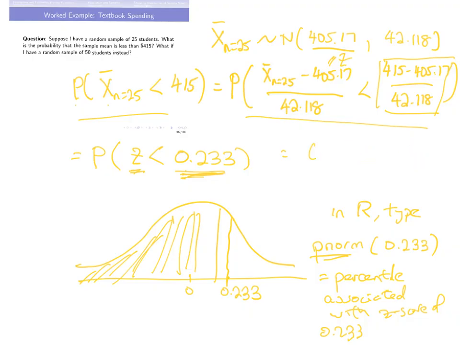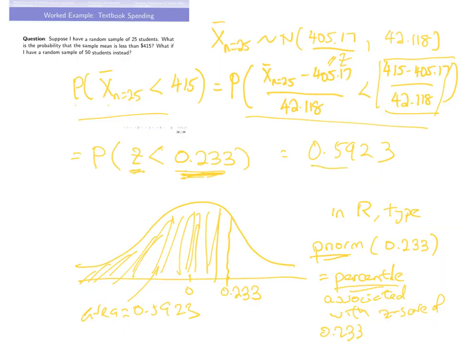If you type that in, you would have gotten 0.5923. So this area here is 0.5923. Notice I used the word percentile. Percentile means the probability to the left, which is what we want. We want the z distribution less than this z-score. So this probability is now 0.5923. That's how we could perform this calculation.